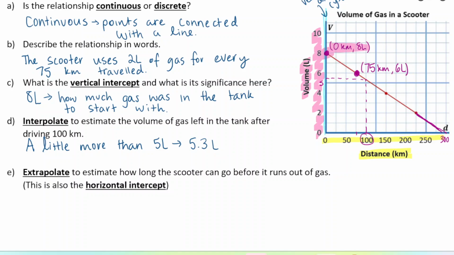So 300 kilometers. This would also be the horizontal intercept here. Okay, so again, the difference between interpolate and extrapolate. Interpolate is going within the graph that is already shown. And extrapolate is to extend the graph outside of what is already shown.